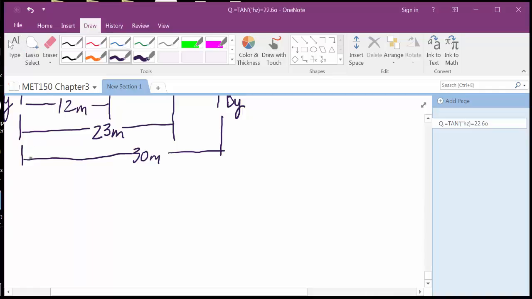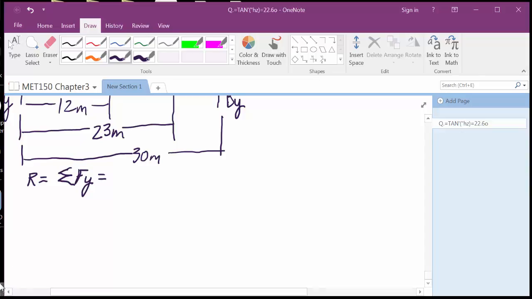Actually, I do have to do this. I have to do the resultant magnitude, which is the summation of the forces in the Y, isn't it?